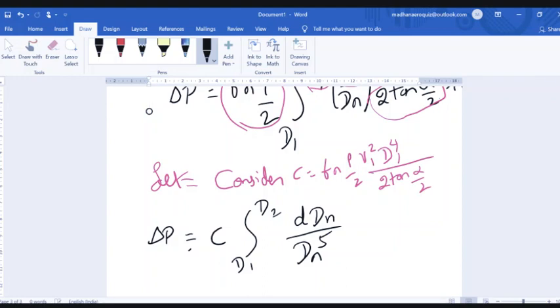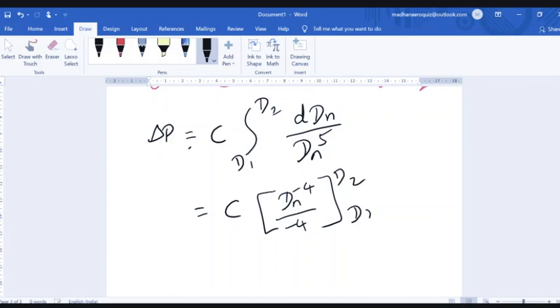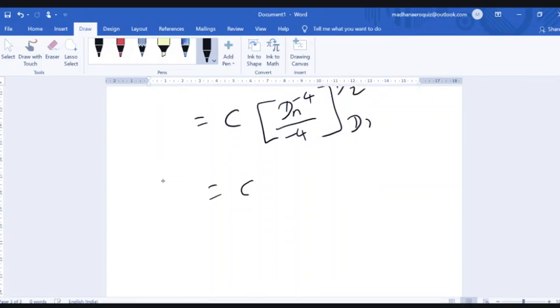Now we are going to integrate this particular term, and you know the formula for the integral. On substituting, we have dn power minus 4 divided by minus 4, right? And then d1 to d2, so upper limit minus lower limit.